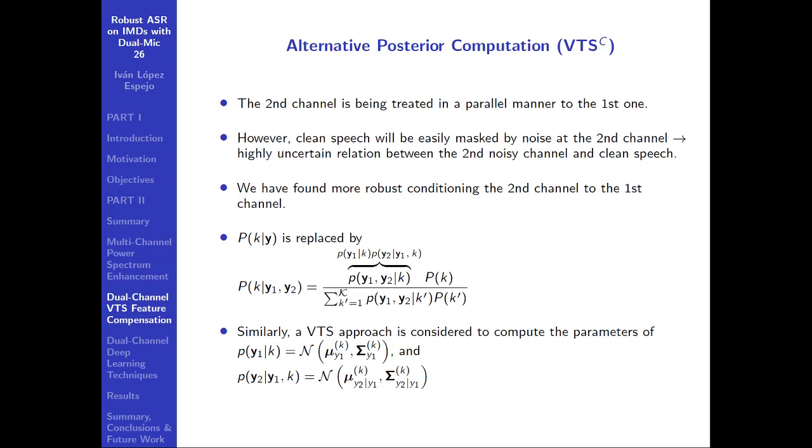While mathematically this is the same, this leads to a different and more robust formulation, so this posterior is replaced now by this new one, and the required set of statistical parameters are similarly estimated again by following a VTS approach.